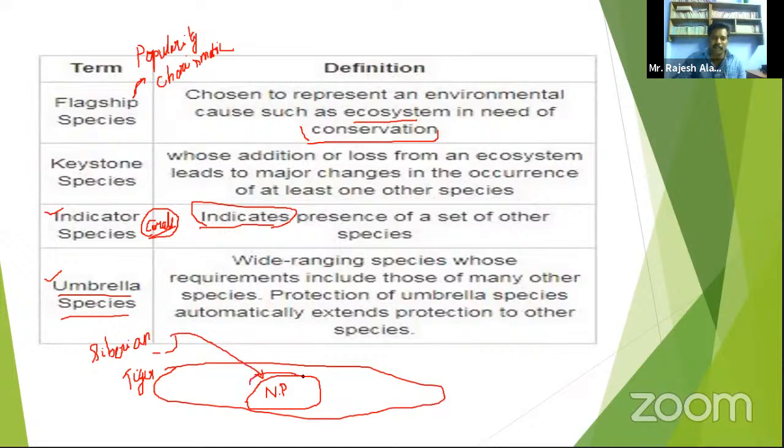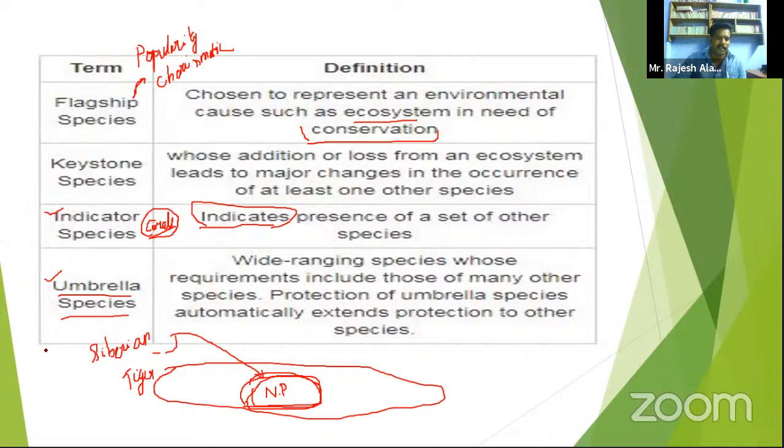If I'm not preserving my wetland here, then the survival of the Siberian cranes is a question mark. So by protecting Keoladeo National Park in Rajasthan, obviously I'm not protecting only Siberian cranes. Whatever other related species are present here are also conserved, also protected. An umbrella species needs a larger area.